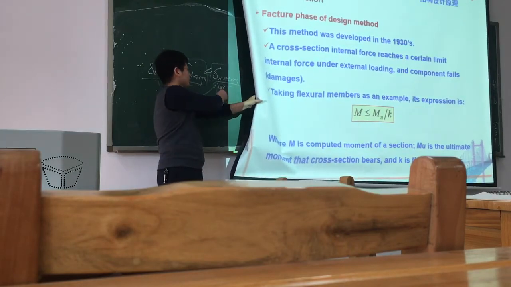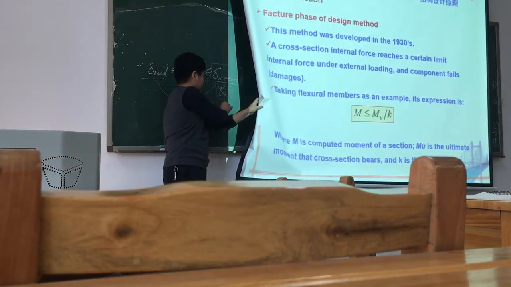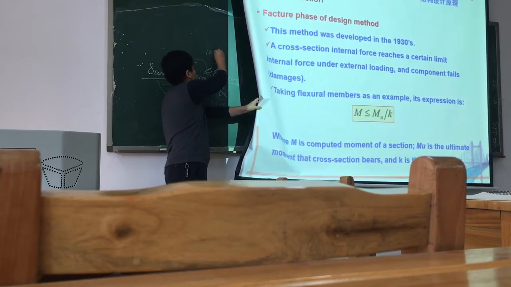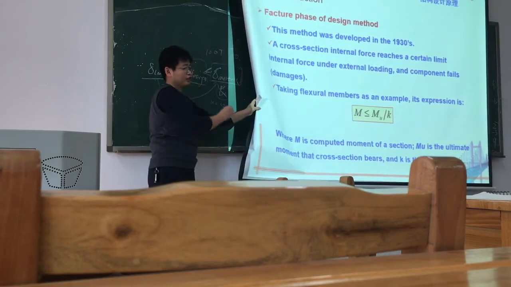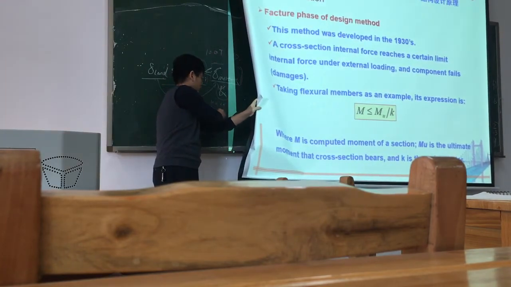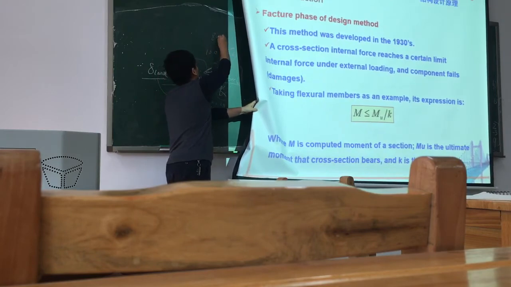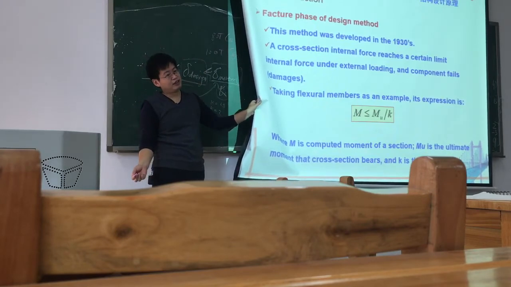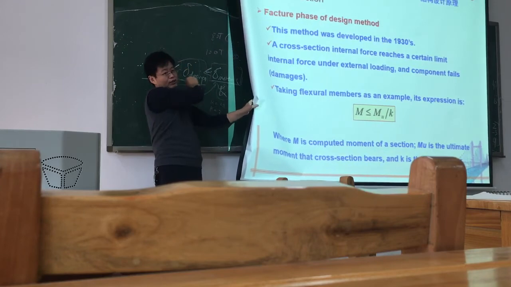So maybe when K is 1.5, you use 100 ton of C50. If K equals 2, maybe you can use 80 ton of C60 to reach the same design level.